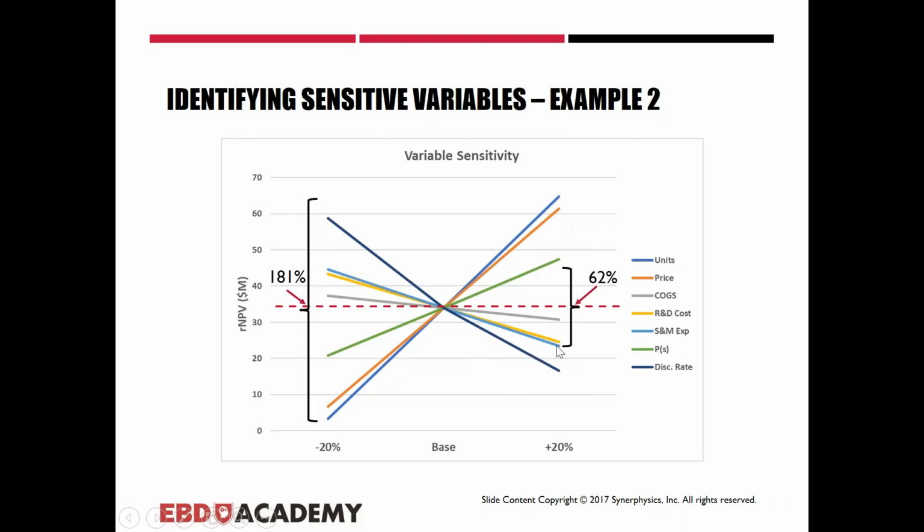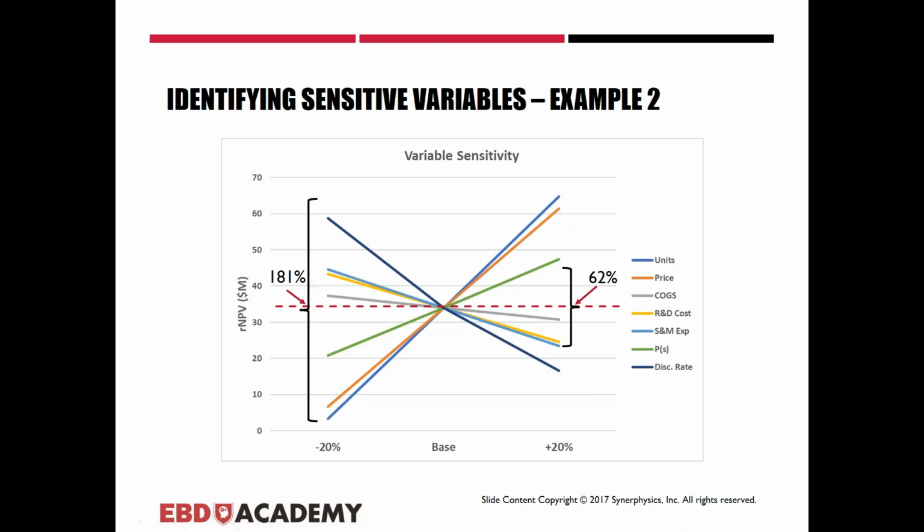But in this case, sales and marketing expense and R&D costs are quite significant. They swing this valuation 62% plus or minus. So in this case, I had to pay special attention to these to make sure I got them right. I also had to pay very close attention to making sure that I wasn't overestimating my revenue, because I could easily get a negative valuation.